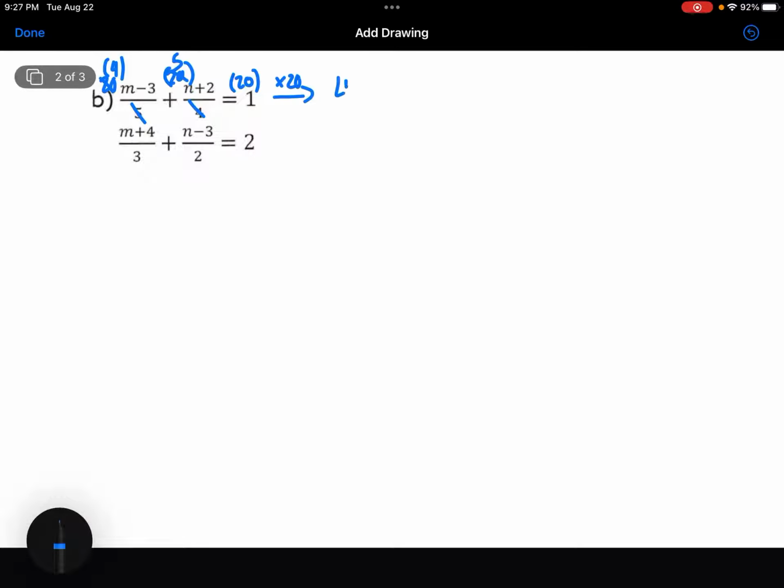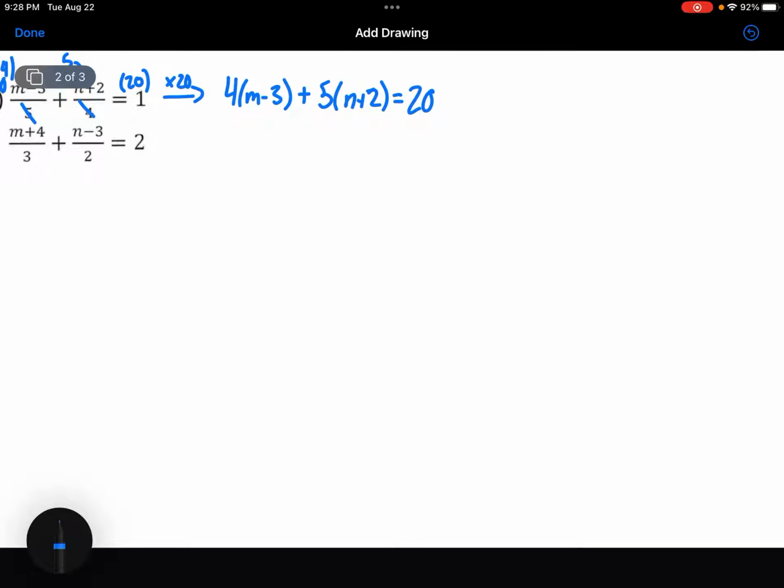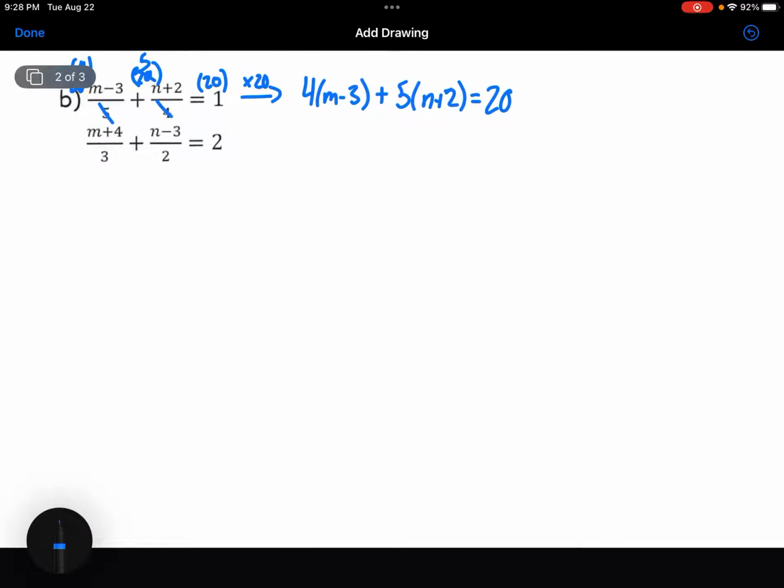So then that's going to give me 4m minus 12. I'll write it out, and do a couple of steps here. So 4 times m minus 3 plus 5 times n plus 2 equals 20. Same thing down on the next one.